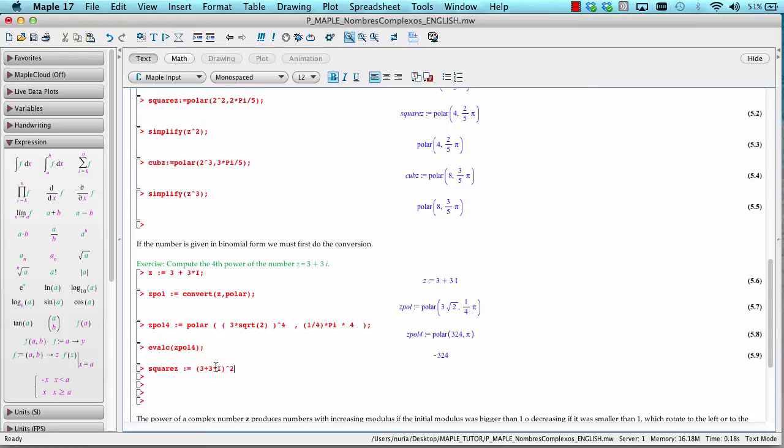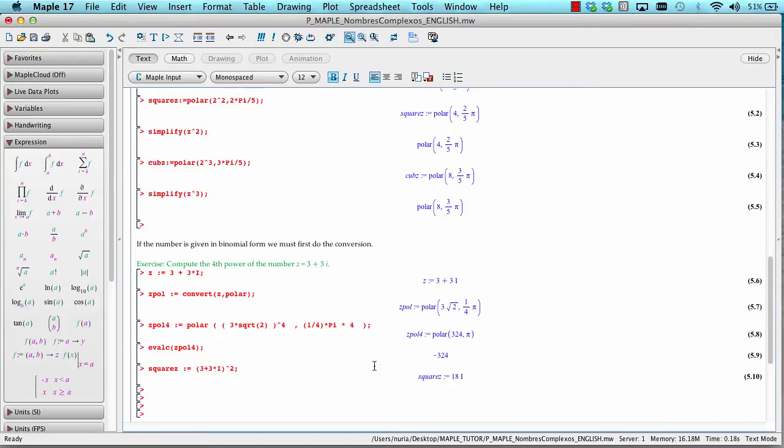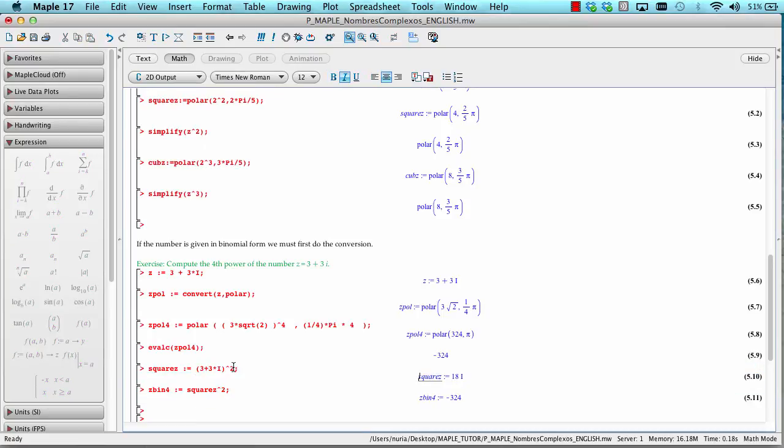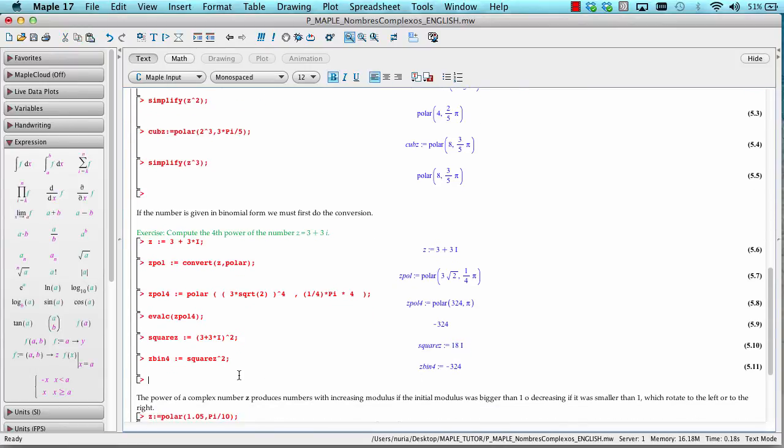This can be done by hand, and you will get 18 times i, and then z binomial to the power 4 is the same as squaring again the square. So you could get the same result. In this case, it would have been faster to compute the squaring in binomial and then square this again. So it's 18 to the power 2 minus 1 due to the i square. But you should know how to compute powers either in polar or in binomial form.